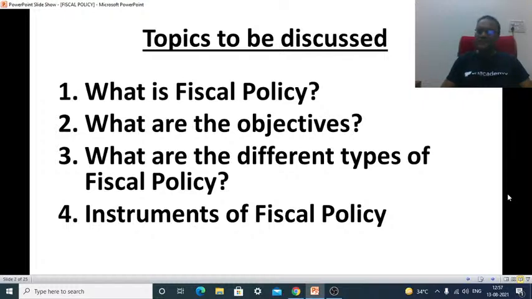The government finances this fiscal deficit through borrowings. This is also what we call the total debt of the government. The government borrows from both internal as well as external sources.